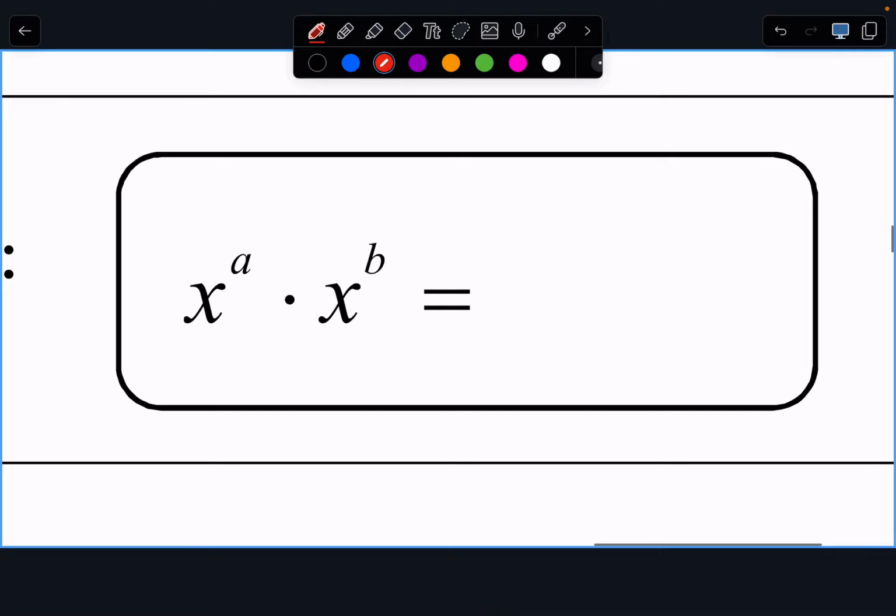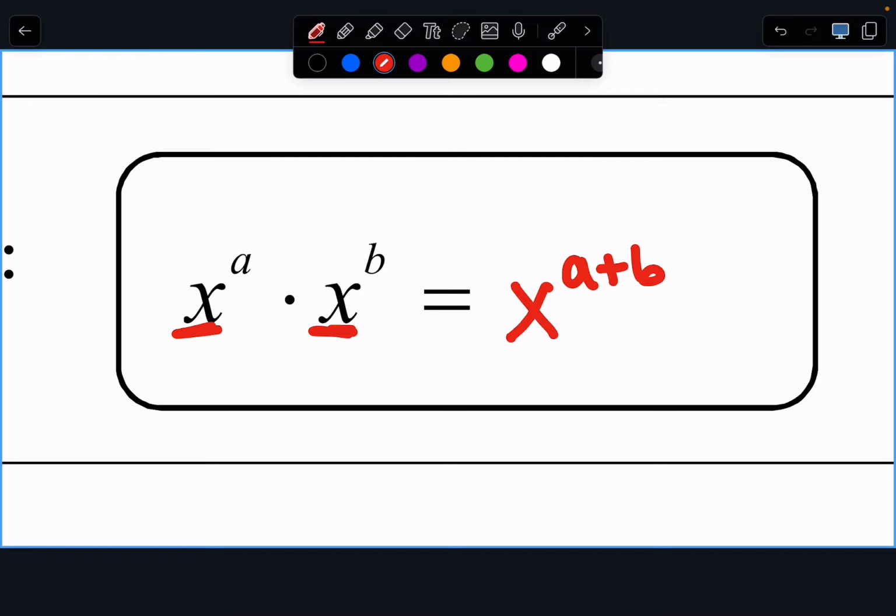If we are multiplying two monomials and the exponents have the same base, so do you see how these are both x's? So that's the same base. We keep that same base, and whatever our exponents are, we add them together.